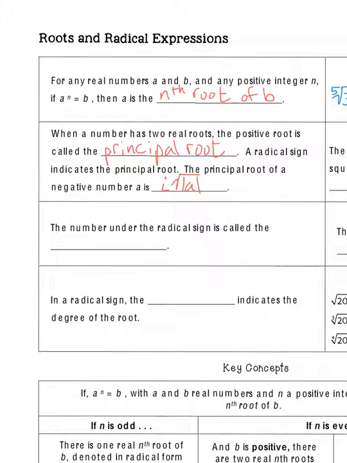Now, we'll get into imaginary numbers later, so for right now I'm not going to talk about this, but essentially, this really deals with the principal root of an even root, because this is a square root.